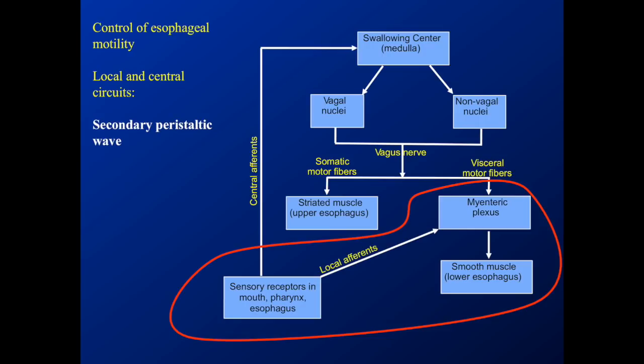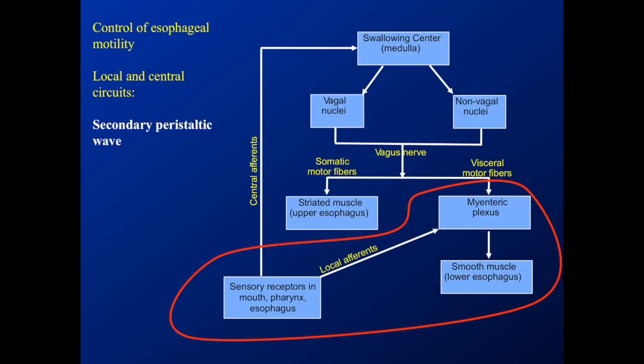What I mean by that is that everything that is required for this reflex is found within the GI tract itself. And so the sensory receptors in the esophagus will sense that there's still food in there, and that will send signals to the myenteric plexus, and that will initiate a second peristaltic wave that pushes the food through the esophagus.